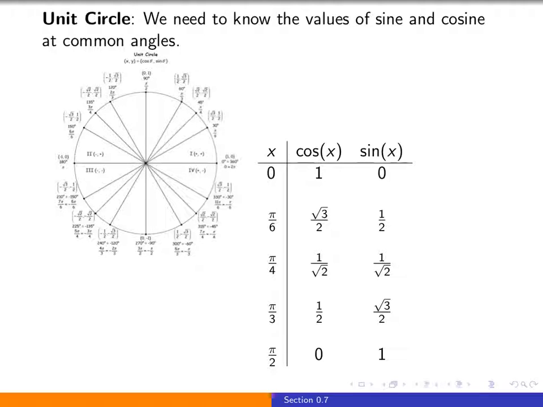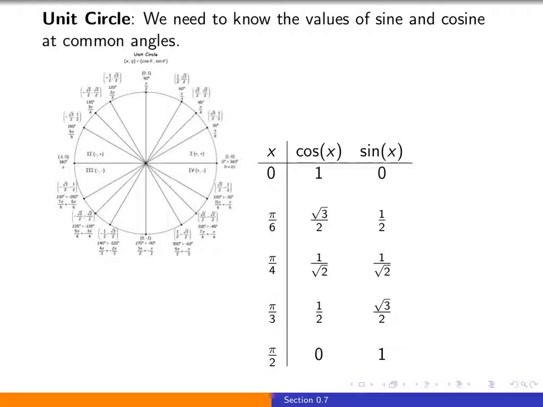And the picture of the unit circle to the left here should be a good reference for values throughout the unit circle. And remember, if you're looking at a specific point, say pi over 6, the first coordinate is cosine pi over 6, the second coordinate is sine of pi over 6.